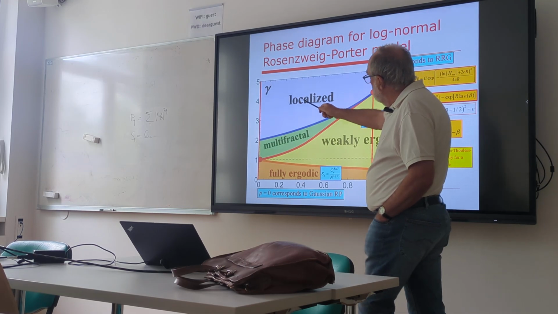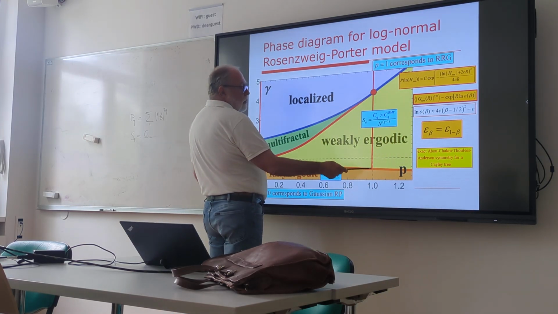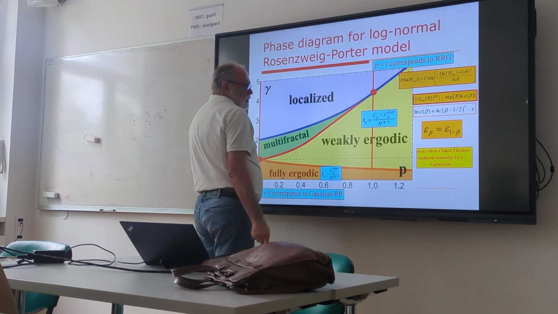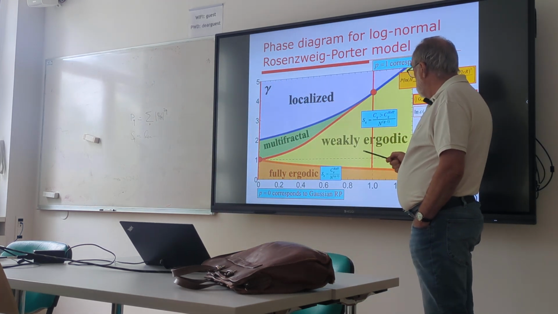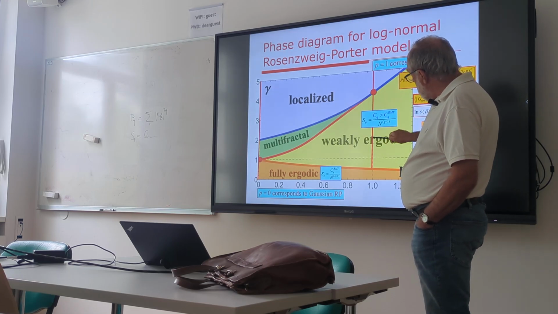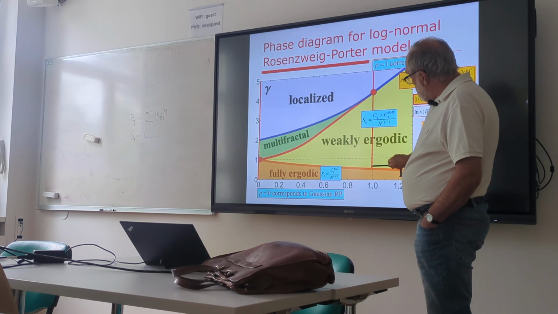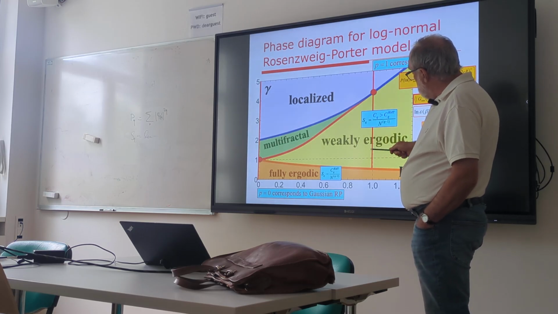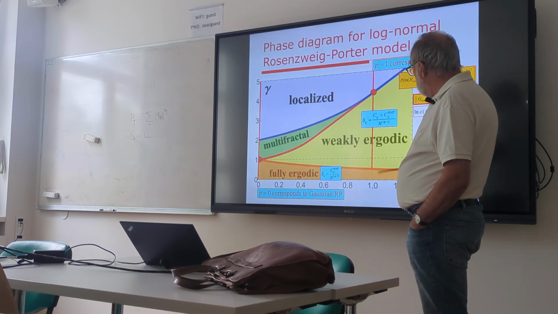So when I increase disorder in the random regular graph, I go from this point upwards. What is interesting to know is that this line doesn't cross this transition. So the random regular graph is always in the weakly ergodic situation.